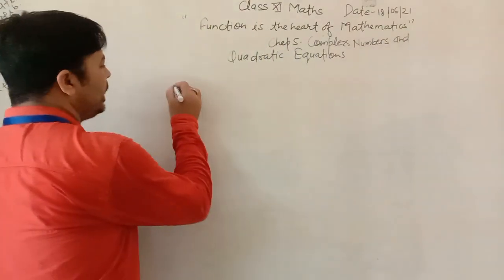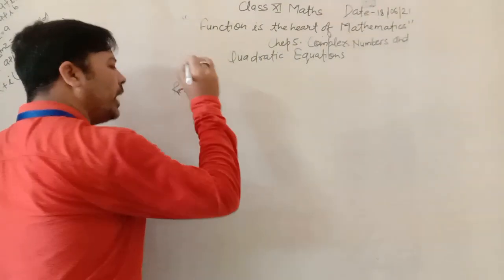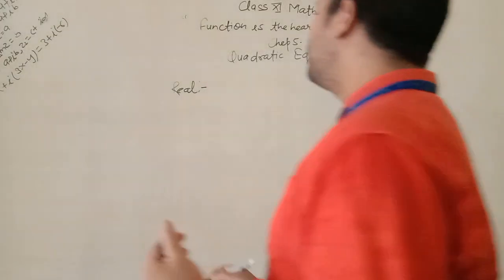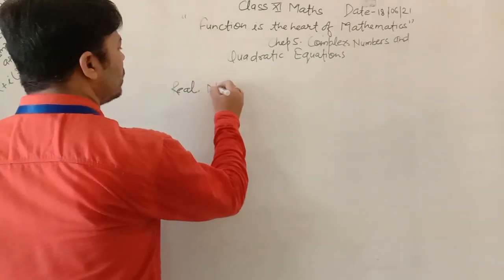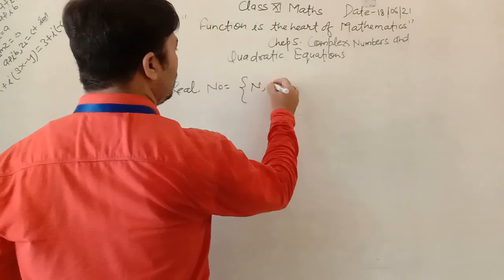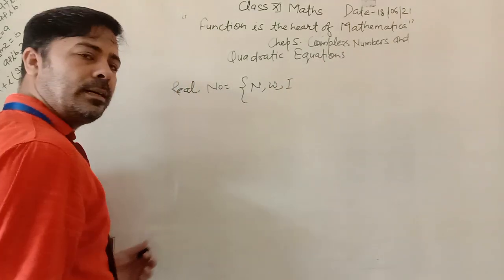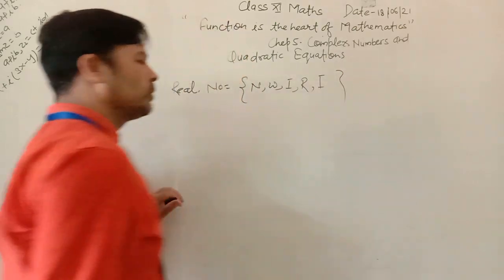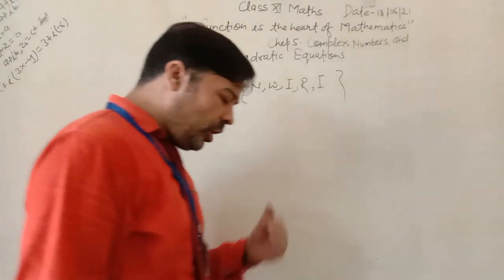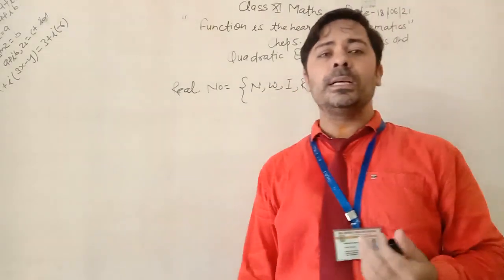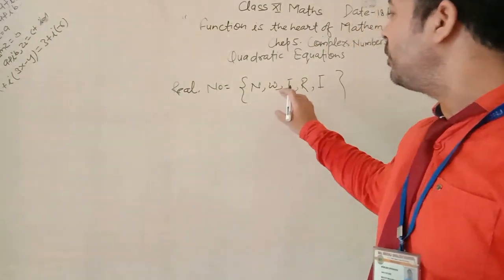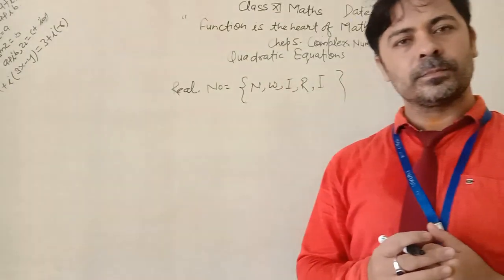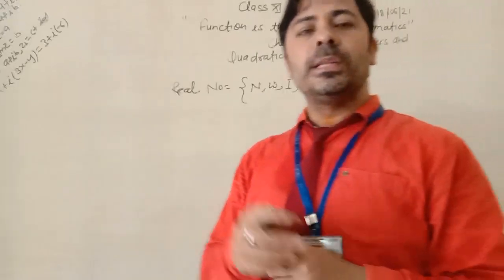You know that the real number is the set of natural numbers, whole numbers, integers, rational numbers, and irrational numbers. This makes up the real number.